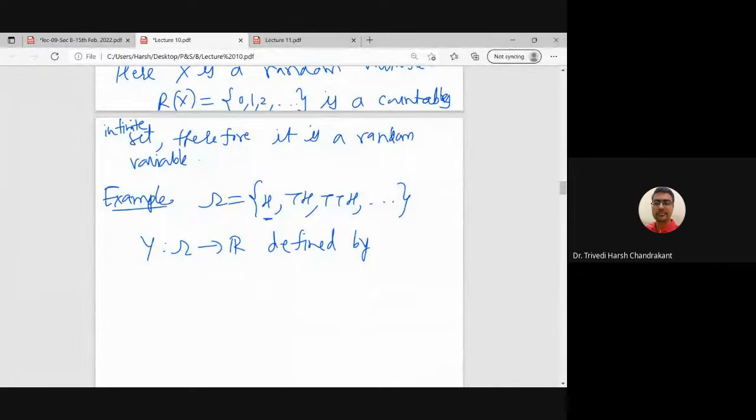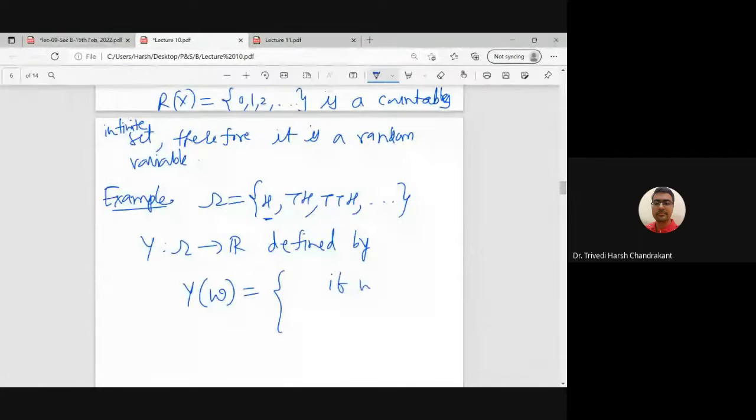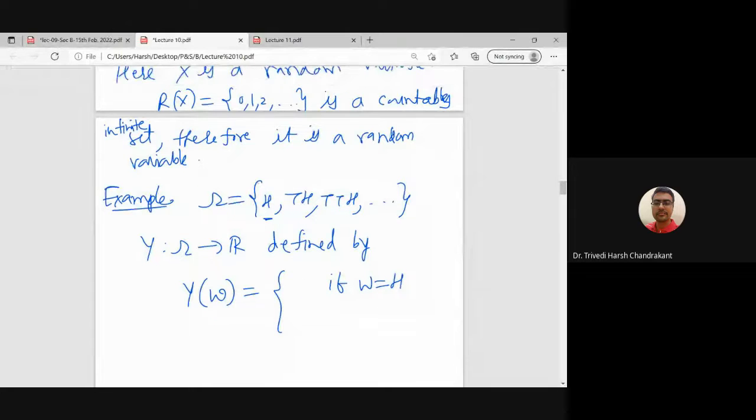How do we define that? You define the value at any element. For example, we choose the element H. If the input is H, the value of the function is 1, and if the input is not H, the value is 0. So Y is 0 at all these elements, and only at H the value of Y is 1.